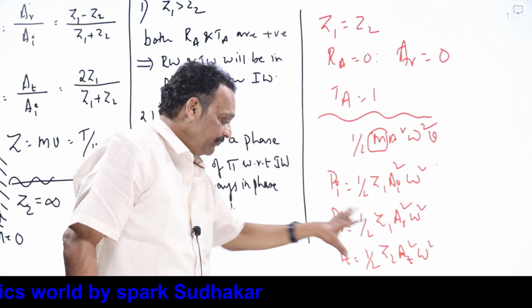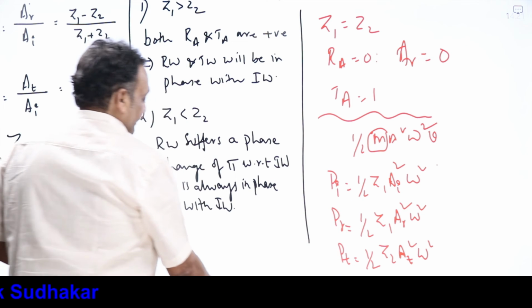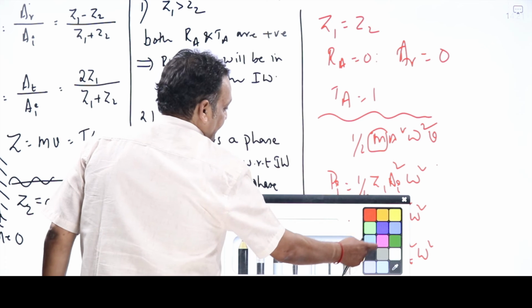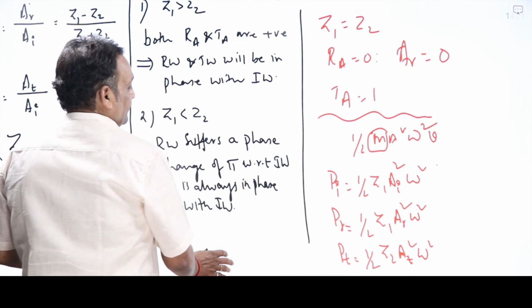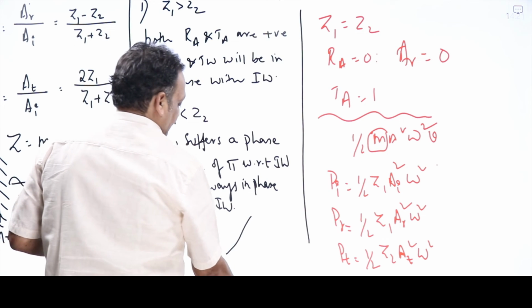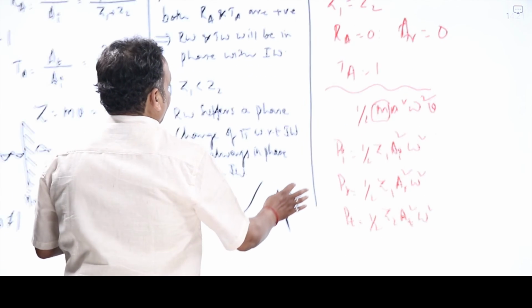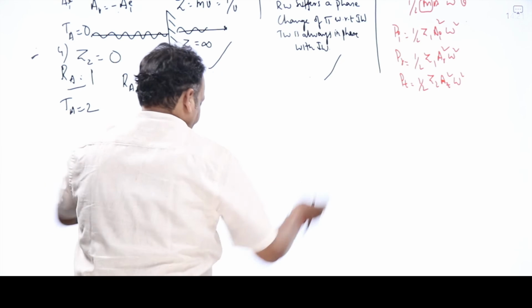From this expression, if I further simplify, I'll get the energy reflection coefficient and the energy transmission coefficient. Now instead of RA and TA, I'll talk about RE and TE.